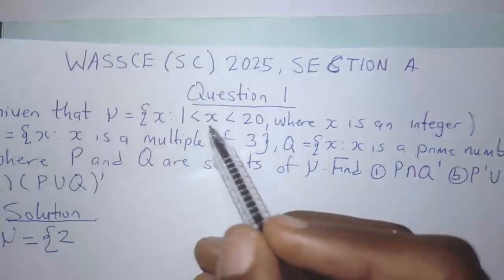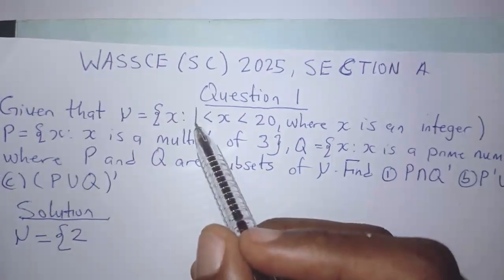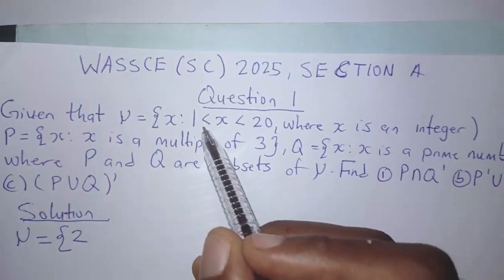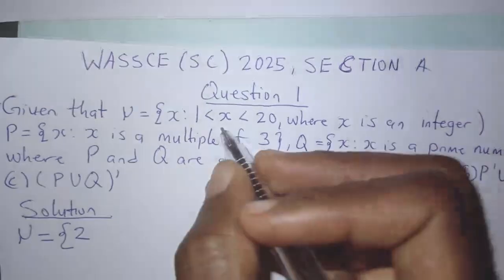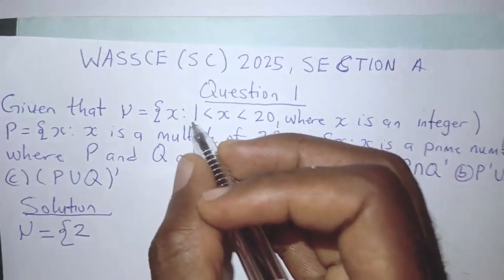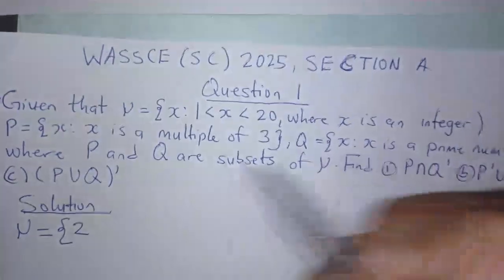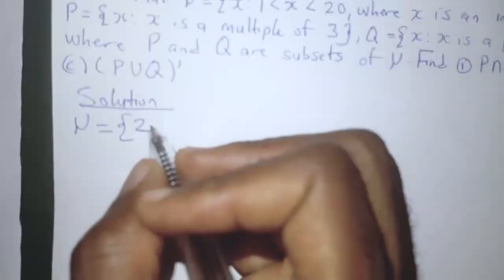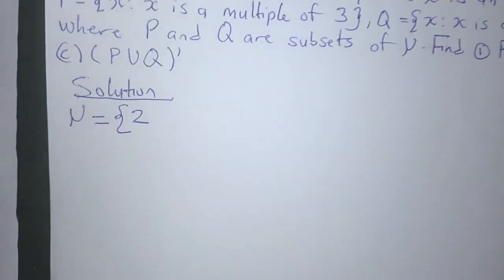So if this was x greater than or equals to, it means you have to start from this number here. That is when they put a line. Your equality sign has 2 lines. So if they put one of it here, it means you have to include a number here. But this one is showing that it is strictly greater than 1. So you start from 2. So 2 is the first integer, the first whole number that is greater than 1.